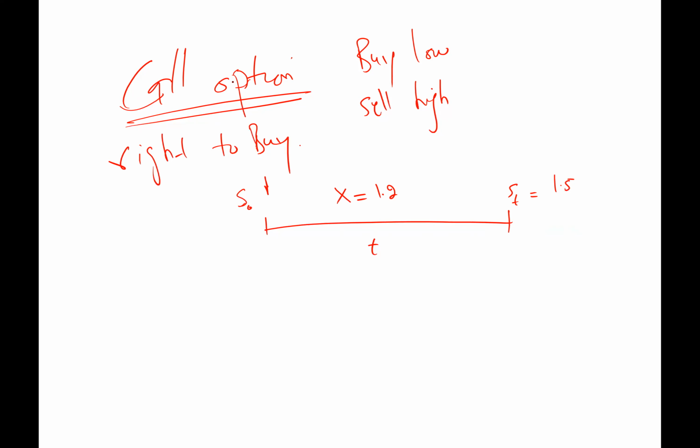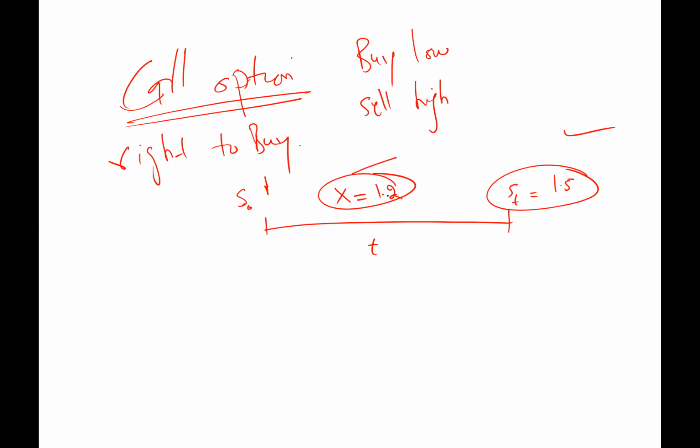So in the money means I'm getting profit. Yes, in the money. Out of the money means you are having a loss. Okay. Let me complete this example. In the market, the price is 1.5, and your contract strike price is 1.2. So you will exercise the option from the seller.